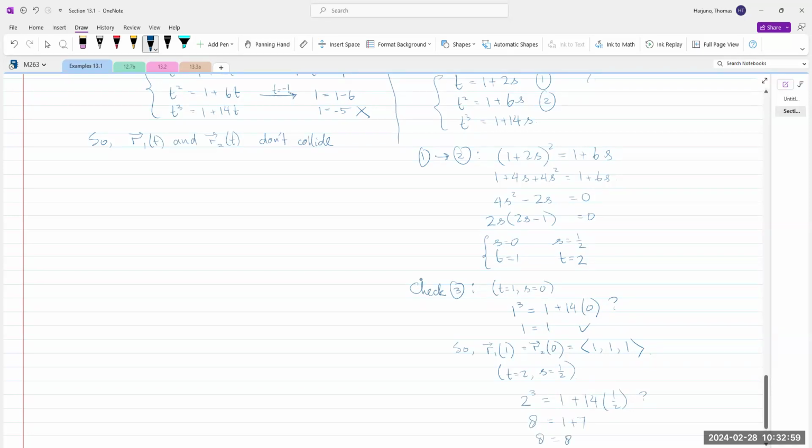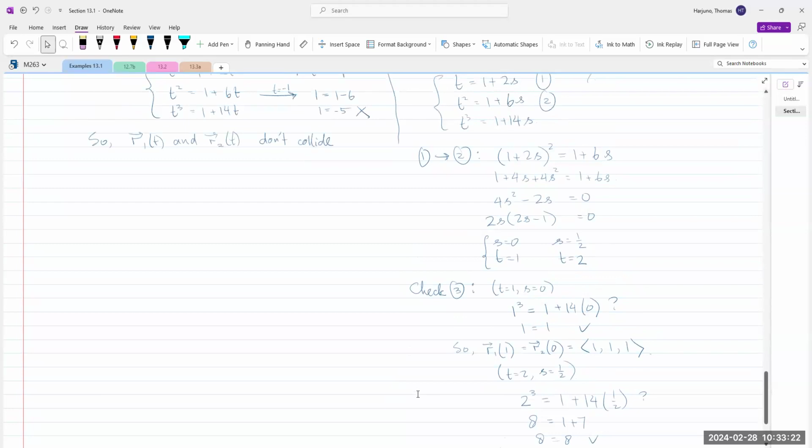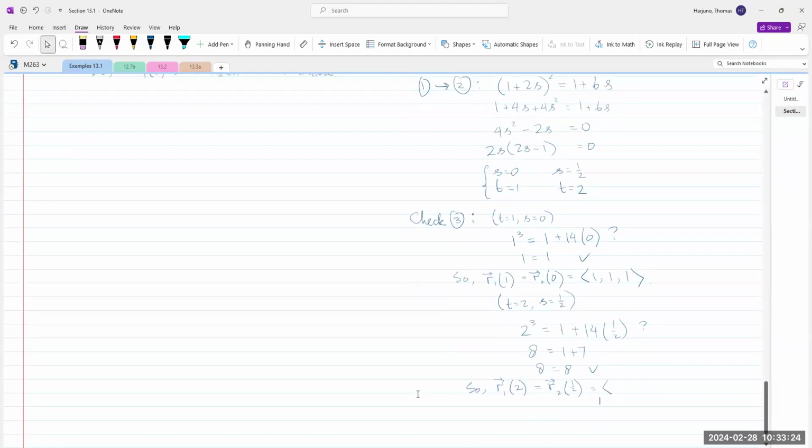Oh, wow, okay, that's also true. So R1 at time t equals 2 equals R2 at s equals 1/2, which is (2, 4, 8).